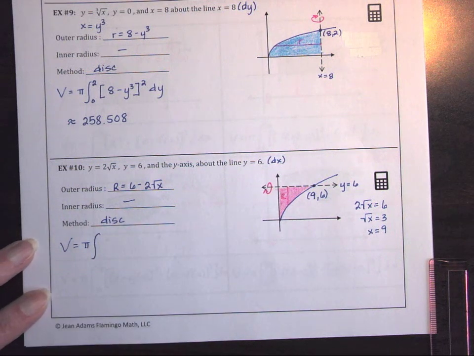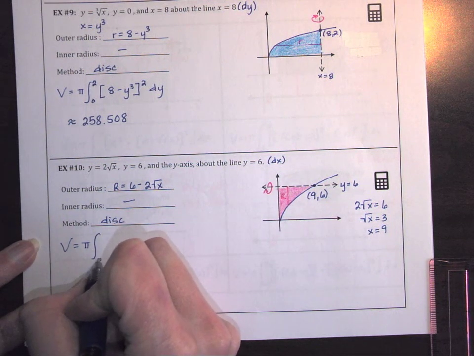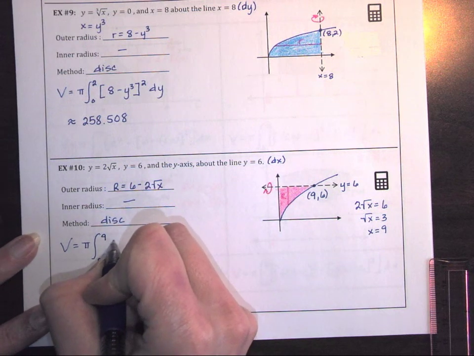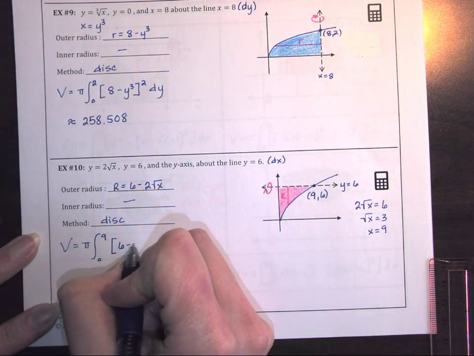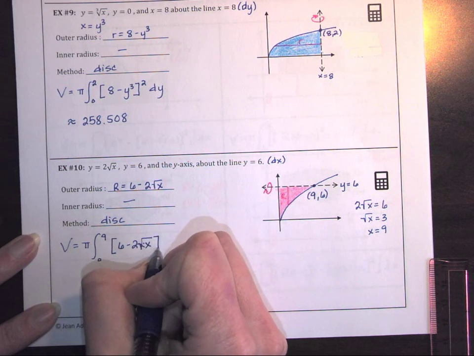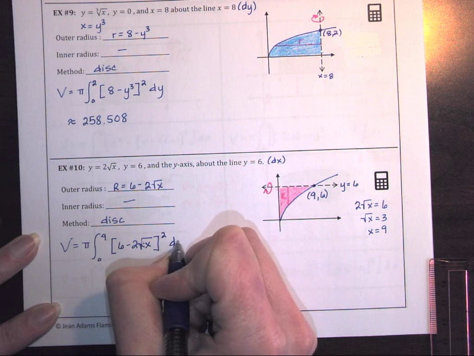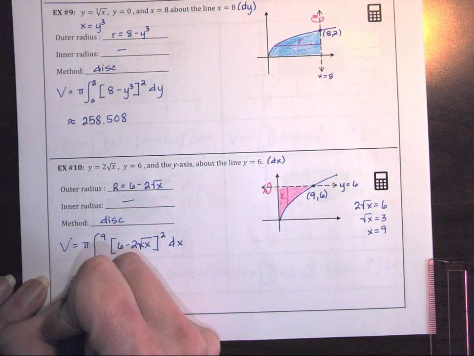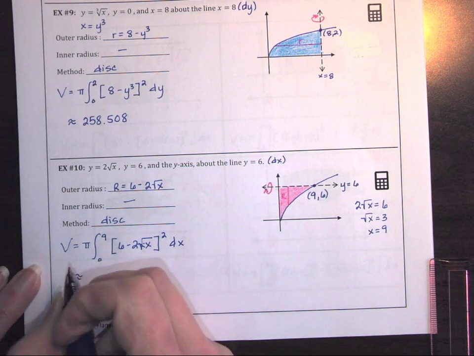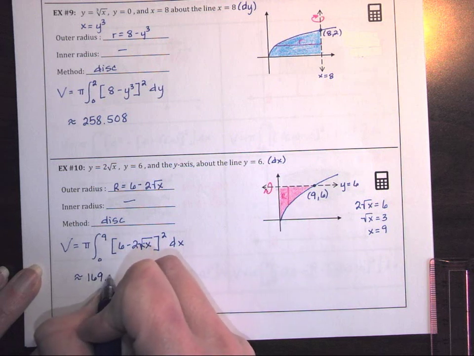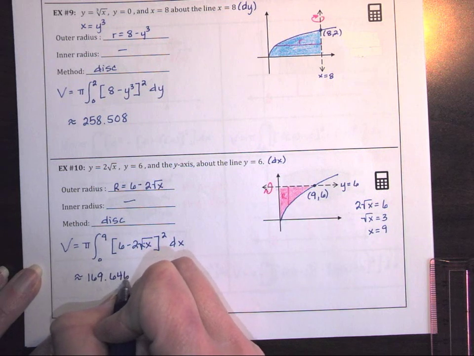We need x values, so this is 0 to 9 of 6 minus 2 square roots of x, quantity squared, dx. Take a minute, pause the video, put that in your calculator, and then come back and see how you did. Hopefully you got 169.646.